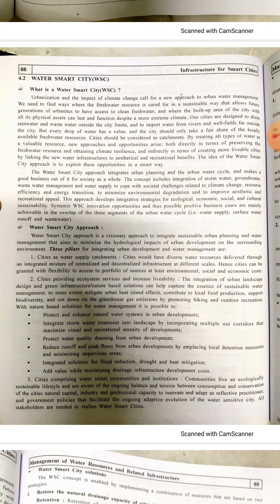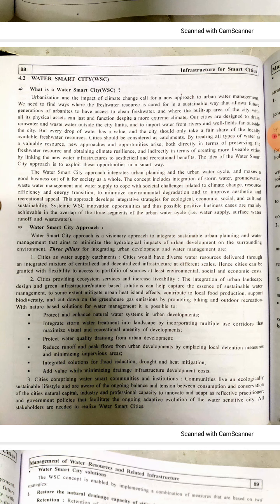So here, to get the fresh water, we create a lake or we store the rainwater, like we prepare rainwater harvesting, and in a water smart city approach, the urban planning and urban water cycle make a good business for the society as a whole.